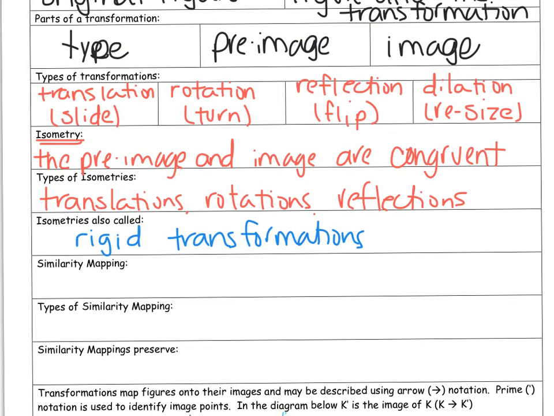A similarity mapping is another way to describe a transformation. It's a transformation where the image and the preimage are similar.